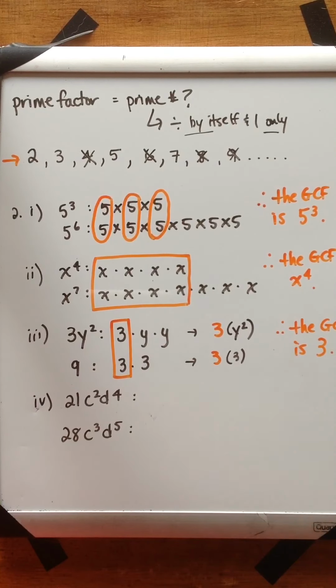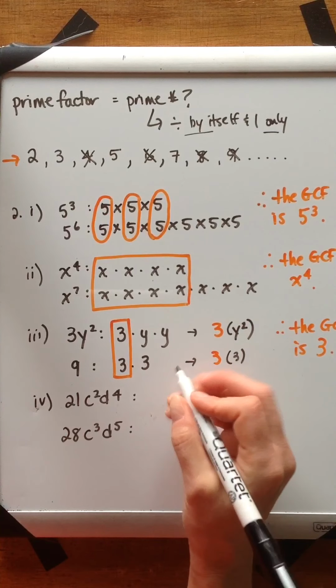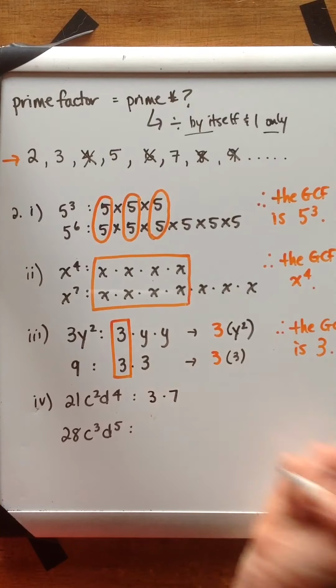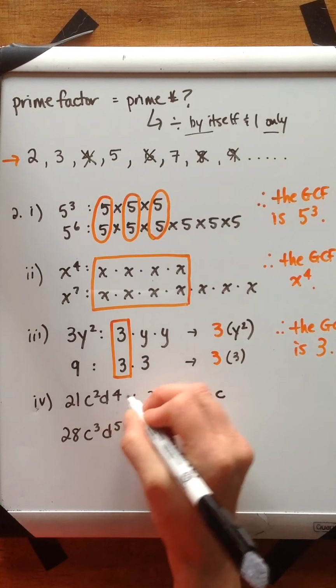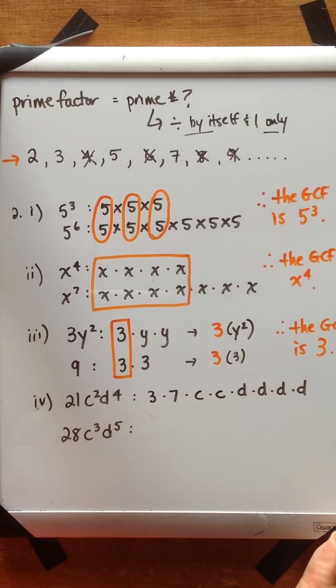Okay, so let's take 21 and recognize that its prime factors are 3 and 7. So this means 3 times 7. C squared means c times c, and d to the 4th means d times d times d times d.